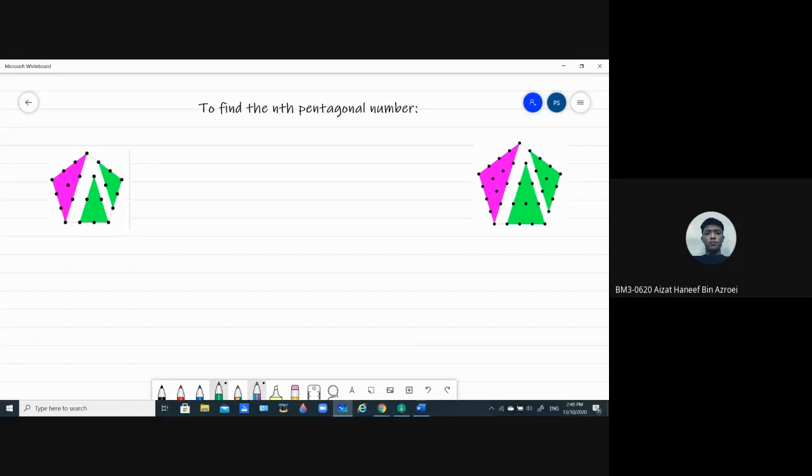The left one. 4. Is this the fourth triangular number? Yes. Why do you say it's the fourth triangular number? Because it has four on each side, on the three sides.